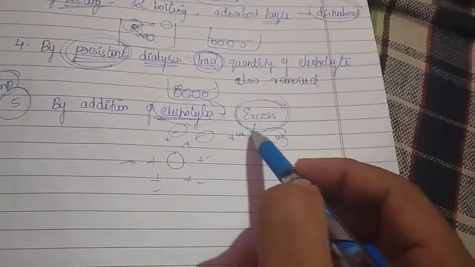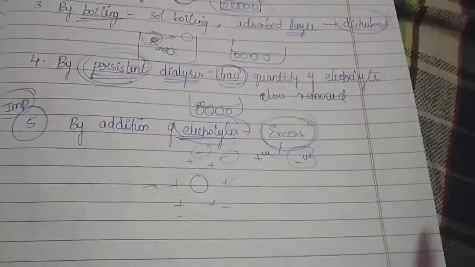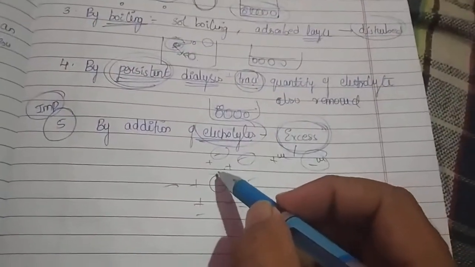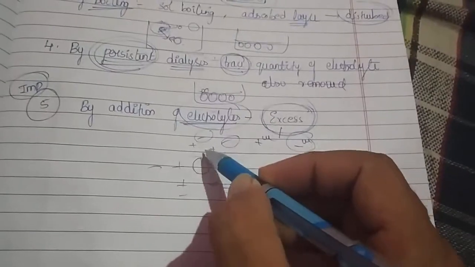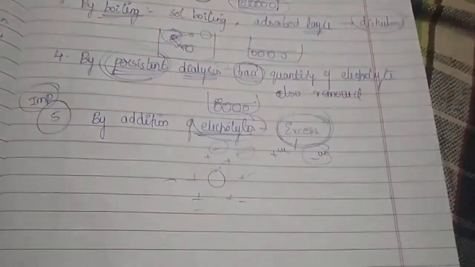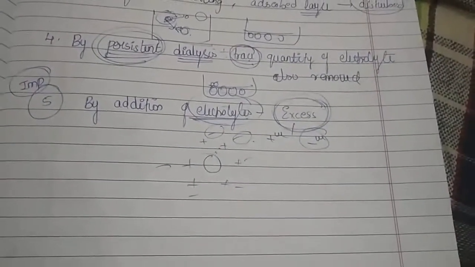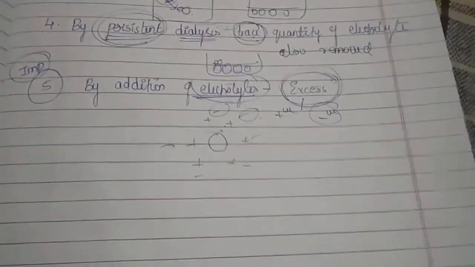So whenever an excess of the electrolyte is there, what happens? Coagulation takes place. Why? Because whatever the ions present on the colloidal particles, they are going to interact with your oppositely charged electrolyte, and mutual coagulation takes place.